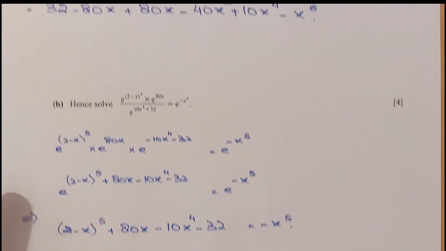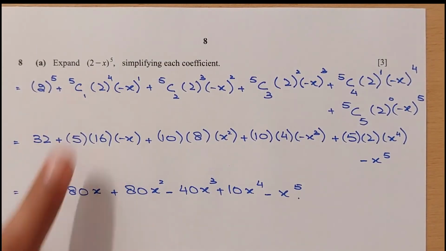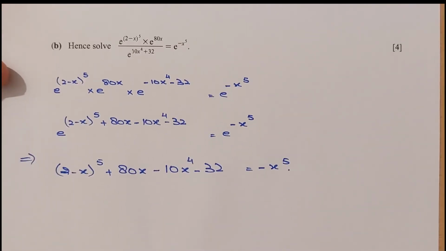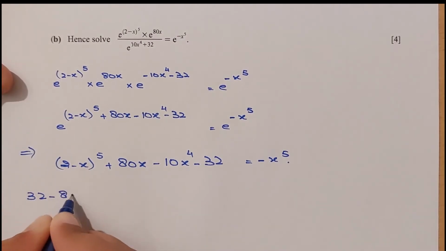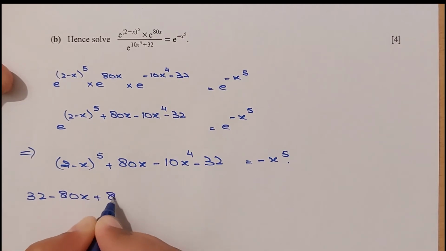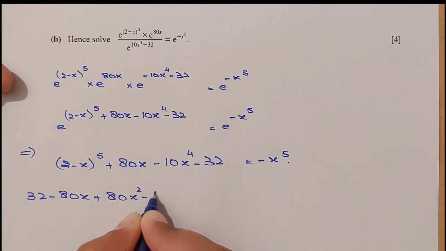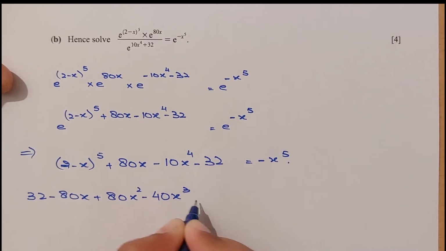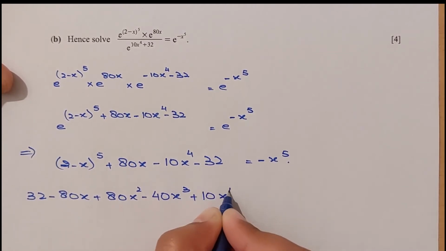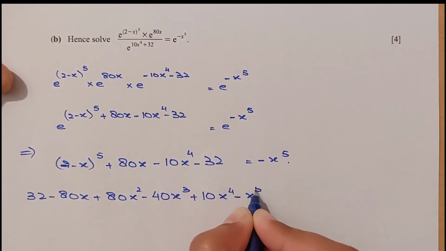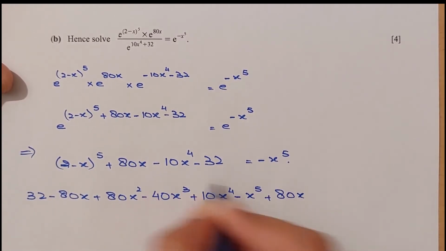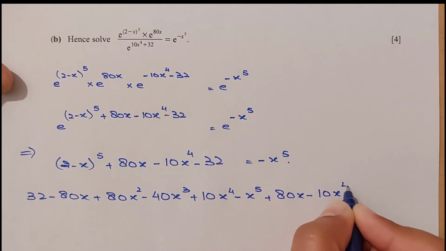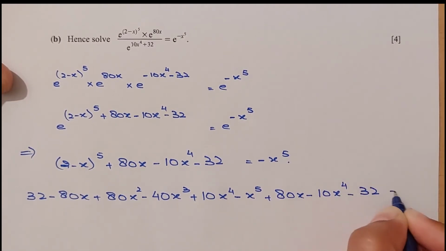So we did this in part A. 2 minus x exponent 5, yes, this is equal to this. So let me write this down. So we have 32 minus 80x plus 80x square minus 40x cube plus 10x power 4 minus x power 5. Okay, so now plus 80x, minus 10x power 4 minus 32 equals minus x power 5, right?